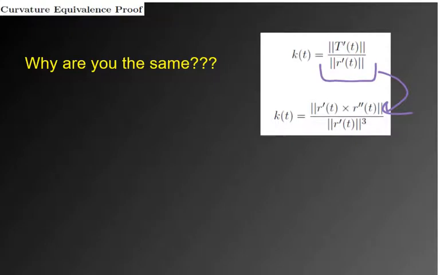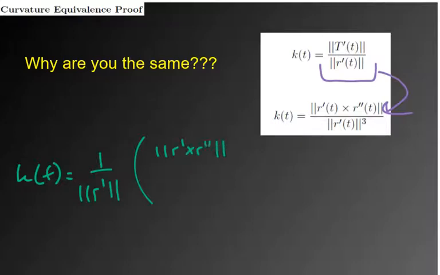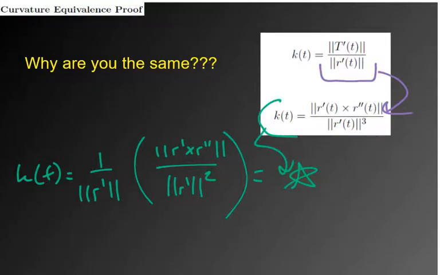Because if you do K of T equals 1 over magnitude of r prime times magnitude of r prime cross r double prime over magnitude of r prime squared, then you would get this. And so really, the idea is, why does this part right here equal the magnitude of T prime?